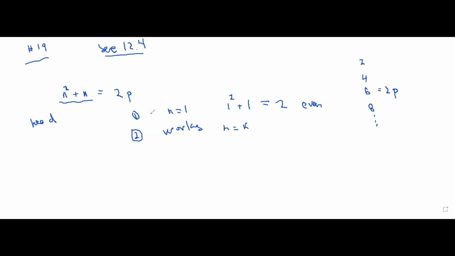Well, just plug k here. So k squared plus k is even. Works means this is even, right? Because if it's even, I can divide it by 2. If it's not even, I cannot.